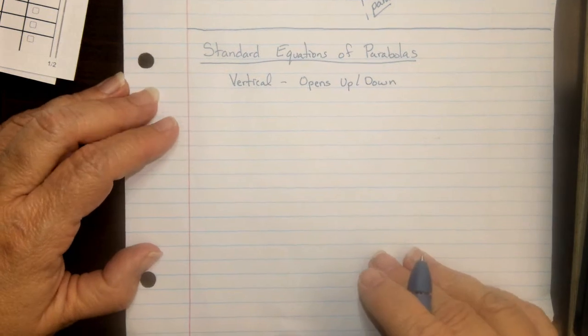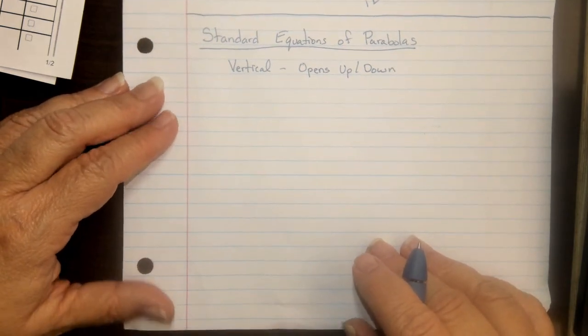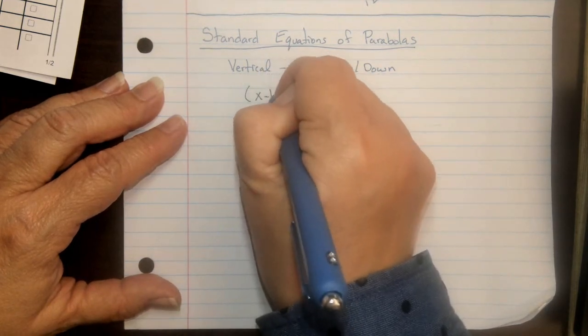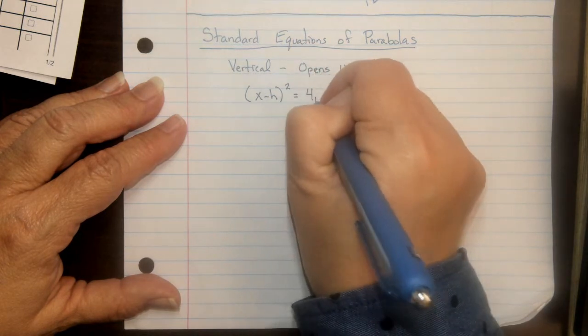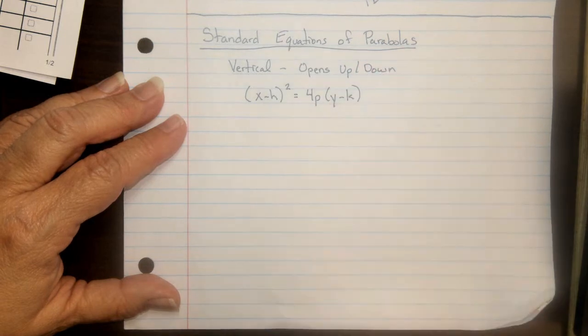These are the ones that you're most used to seeing. The equation for those is going to be (x minus h) squared equals 4p times (y minus k).